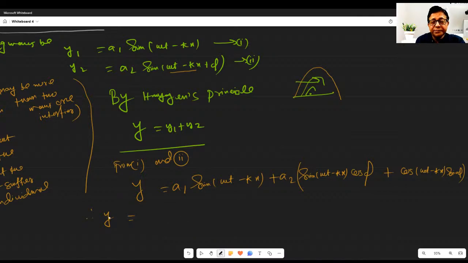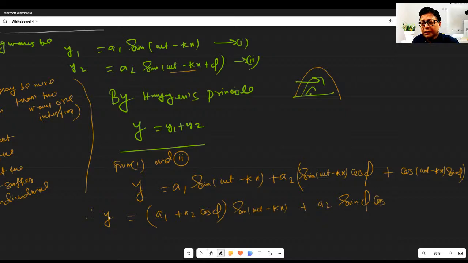Then what will you get? (a1 plus a2 cos phi) sin(omega t minus kx) plus, just opening the bracket, a2 sin phi cos(omega t minus kx). Hope you all have understood. There is no difficulty in it. We have just simply used the sin(a plus b) rule.